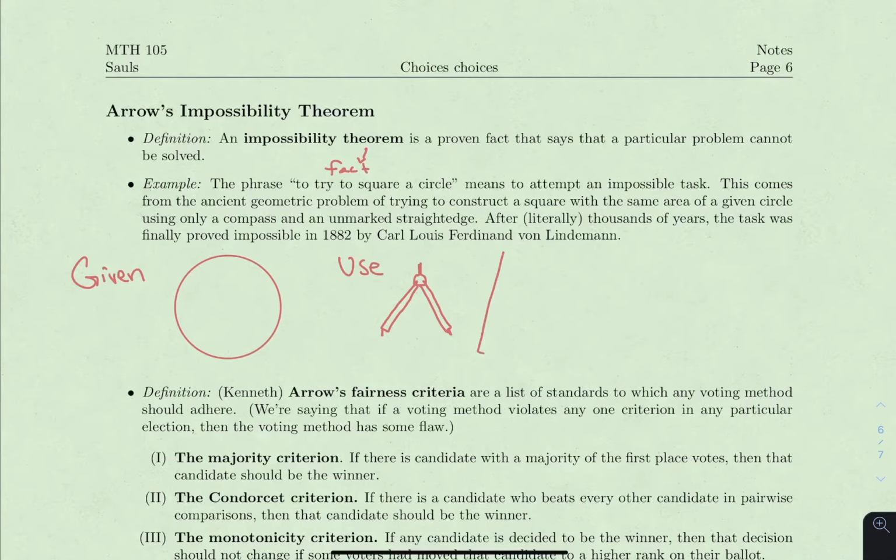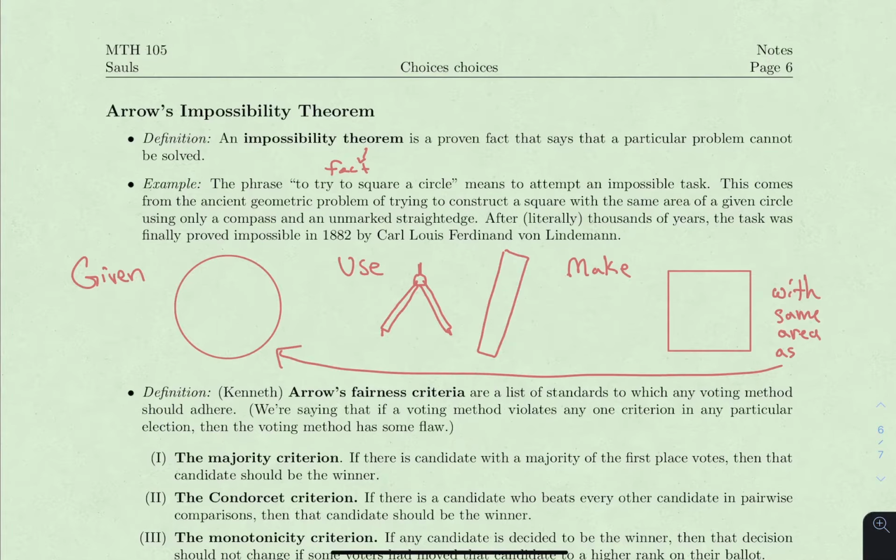Can you use a compass and a straight edge, which means a ruler but without marks on it, to make a square? But not just any old square, one with the same area as the circle.